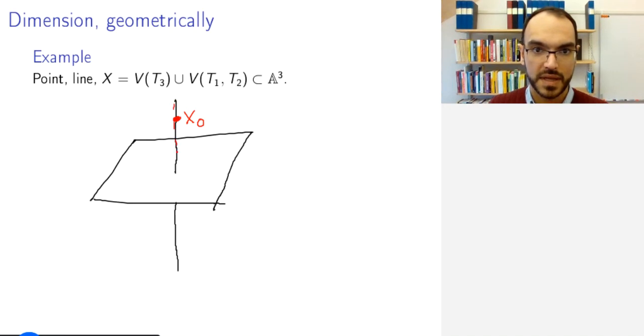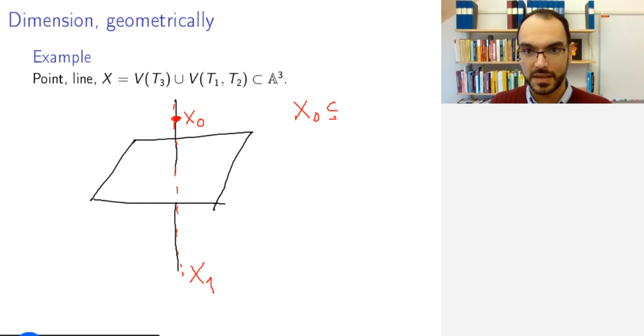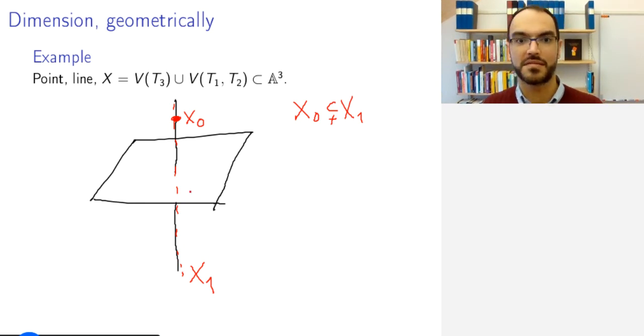And as my x1, I take the line. Because there is no intermediate irreducible set between the point and the line. So I get a chain like that I cannot extend further because x1 doesn't sit inside any irreducible subspace of this space. This space is reducible. It is the union of two closed sets. So this was one chain.